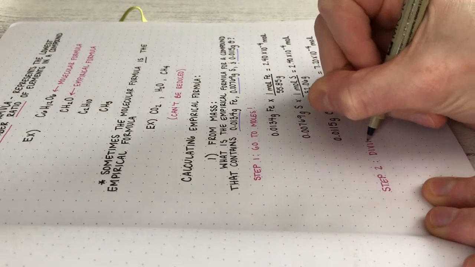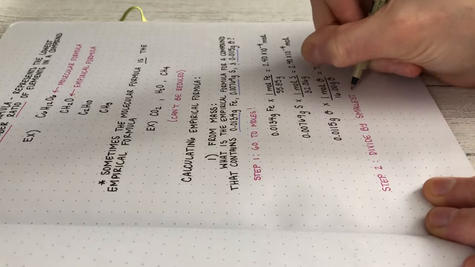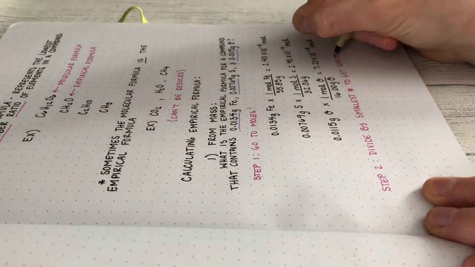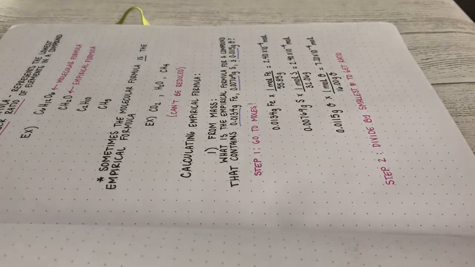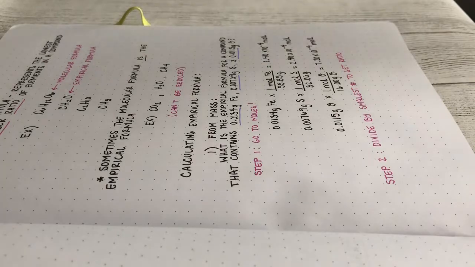And then the next step is to take a look at all of those moles that I've just converted to and divide by the smallest number to get the ratio of atoms. So if I look, the smallest number here is 2.40 times 10 to the negative fourth, and both iron and sulfur have that same number.